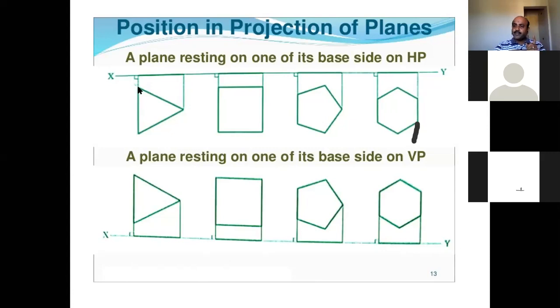Please remember, in the projection of plane surfaces, when we say the lamina or a plane resting on HP on one of its base edges, the base edge should come to your left. You can observe over here. You are resting it on the horizontal plane, because the horizontal plane will always come below the XY line in first angle projection.